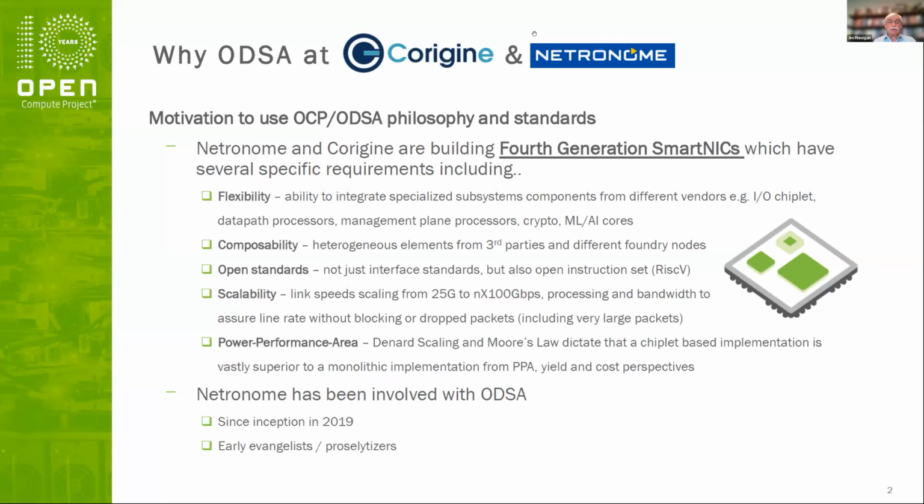For example, an I/O chiplet, a data path processing chiplet, management plane processor, and obviously, we've heard already about some of the chiplets that may support ML or AI. These all must be able to be composed together, and of course, not just from third parties, but also from different foundry nodes. In order to do that, you need open standards, and that's why we've been active at the ODSA adopting the bunch of wires interface.